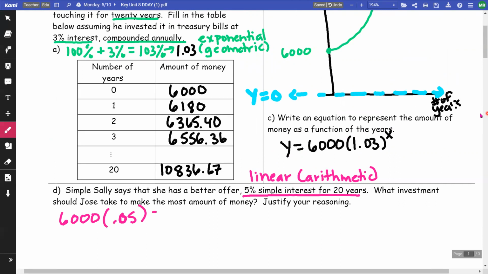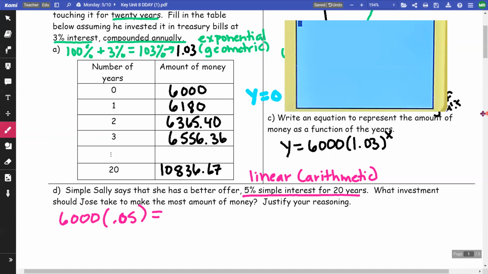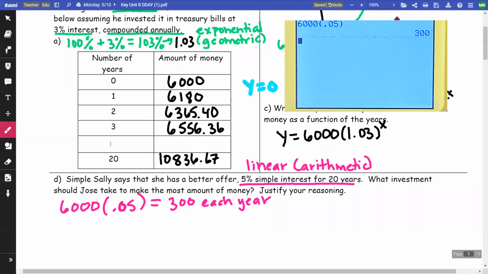I just want to find 5% of 6,000. If I come to my calculator and take 6,000 times 0.05, I get $300. So what this means is we get $300 each year. We're going to be increasing by $300 each year.